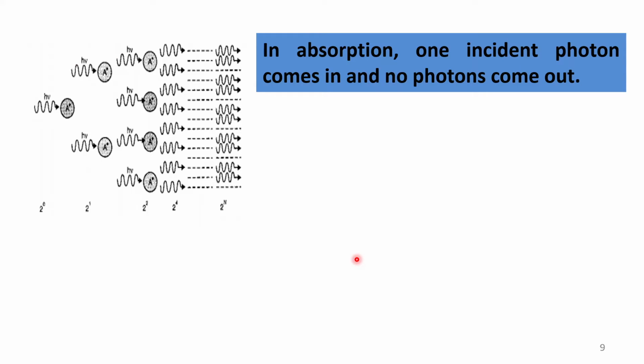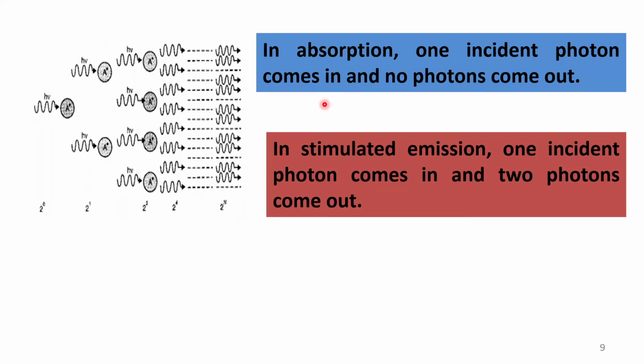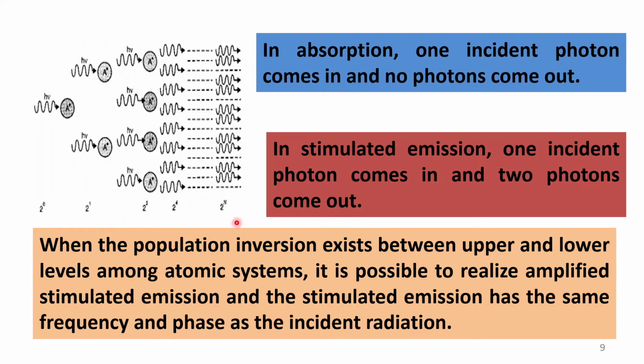We know that in absorption, when one incident photon comes in, no photon comes out. That means when the incident photon is incident on the atoms which are in the ground state, it absorbs the energy of the incident photon and goes to the excited state.